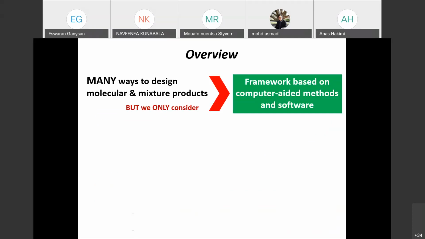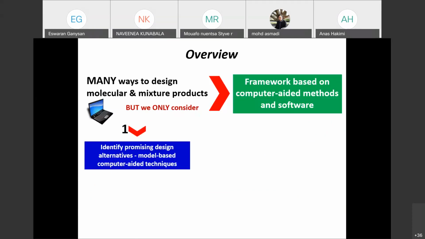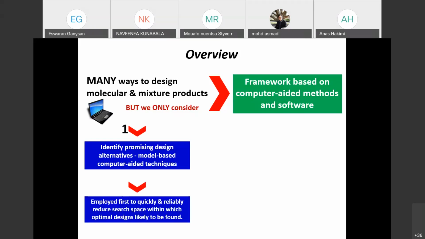Because we can screen the target compounds and reduce the number of molecules, in the design approach we identify promising design alternatives based on computer aided techniques, and then experimentally verify and fine tune at a later stage.